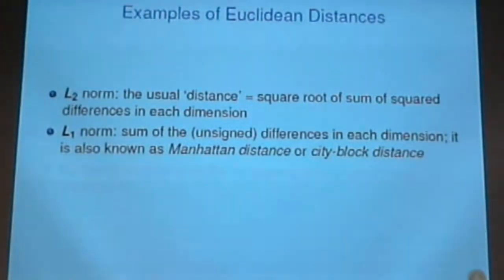Assume these are all vectors. This would be the sum of the absolute values of xi minus yi. Suppose you have p dimensions, and if you want to take the average, it would be 1 over p.